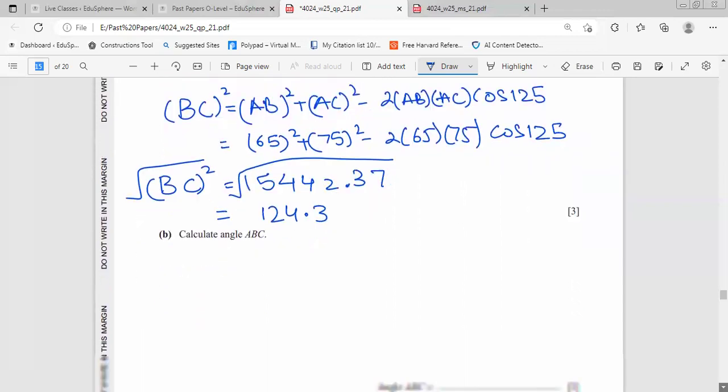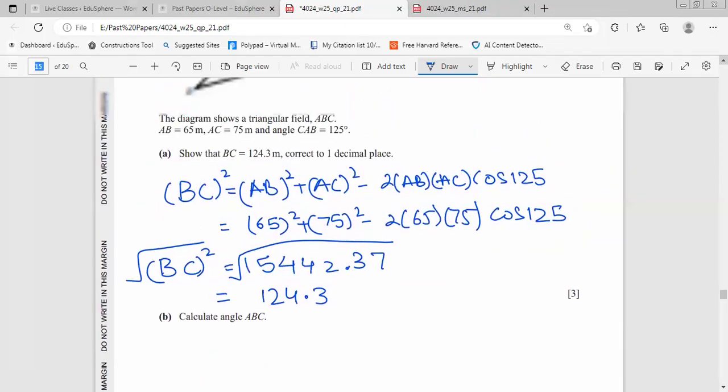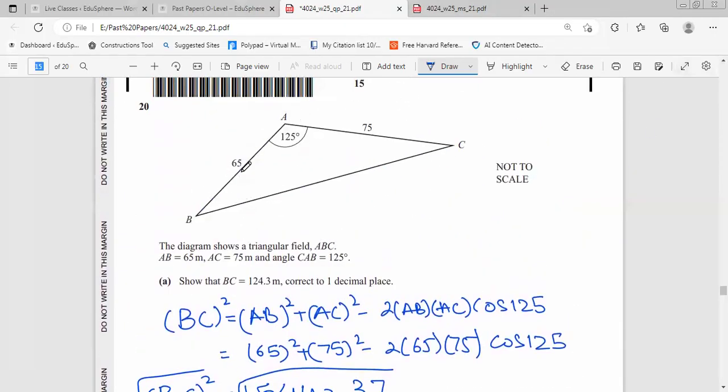Now, what we have to do, we have to find out the angle ABC. For this angle ABC, we can use the law of sines, because this angle is against 75, and we know this side against 125. So we already have the value.